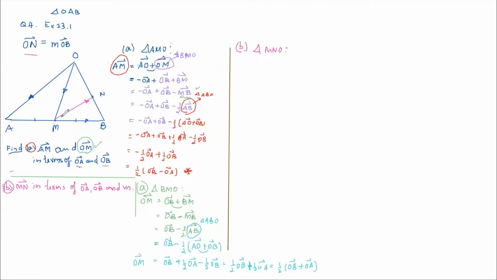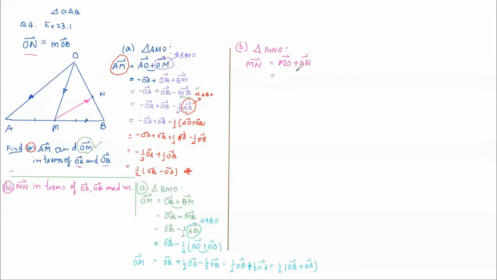Start from M: vector MN equals MO plus ON. Vector MO plus vector ON gives you MN.